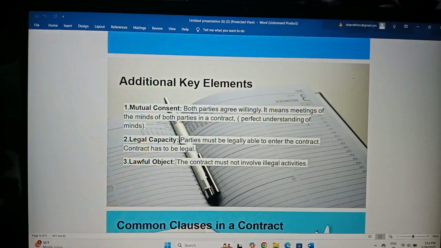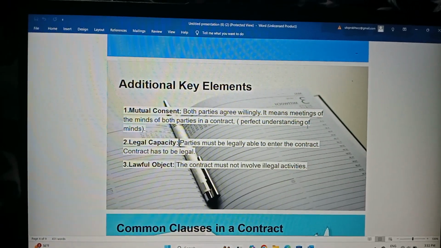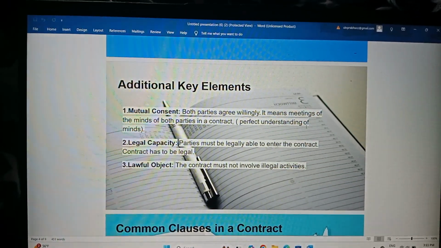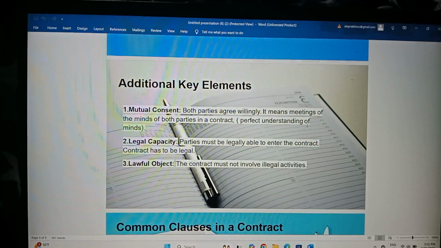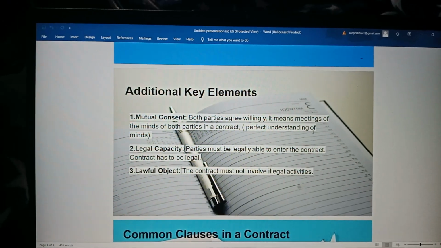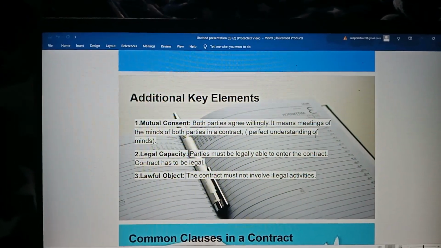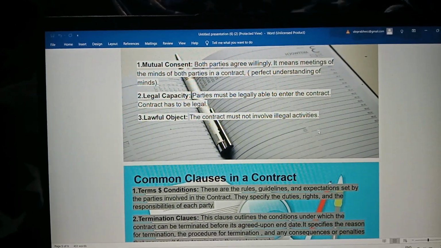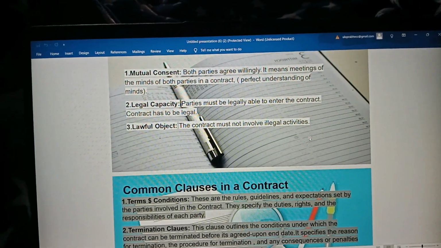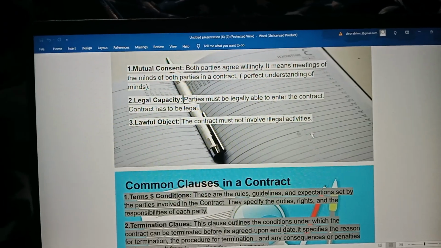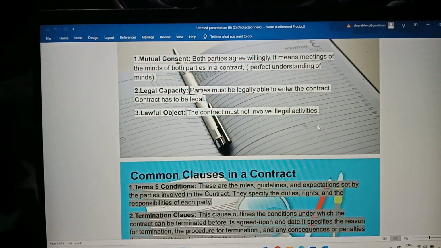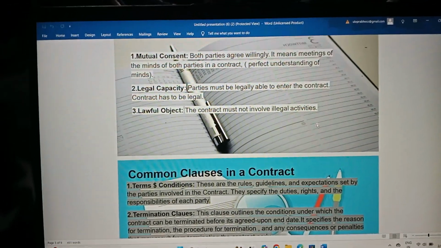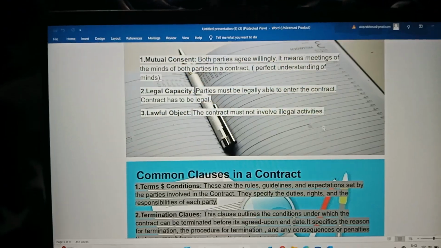So the second point is legal capacity. Parties must be legally able to enter the contract. So its third point is lawful objective. Writing requirements, real property must be in writing. The contract must not involve illegal activities.